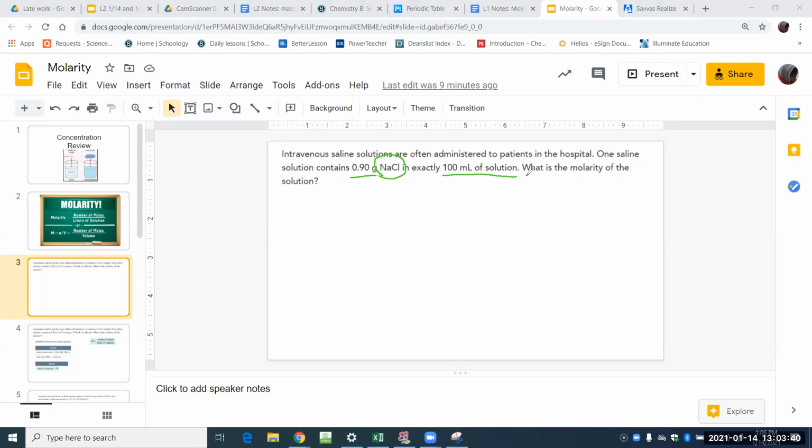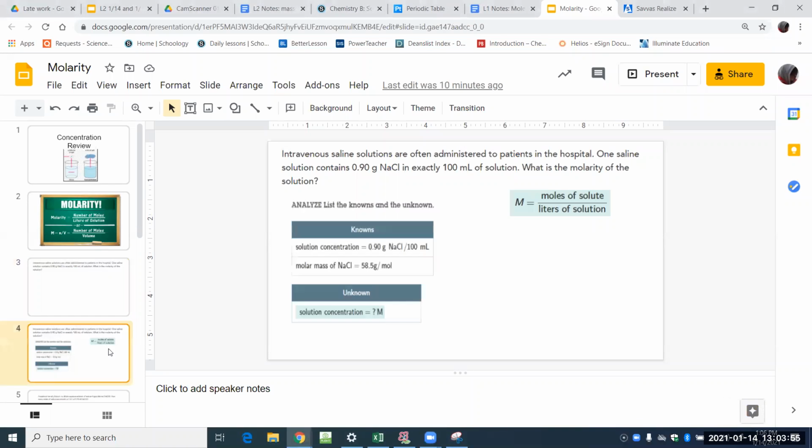And the question is asking, what is the molarity of the solution? Okay, so it gave you a few things here, so let's look at how to put this together. All right, so here's what the problem gave you. And let me start with the black color, and let me draw.